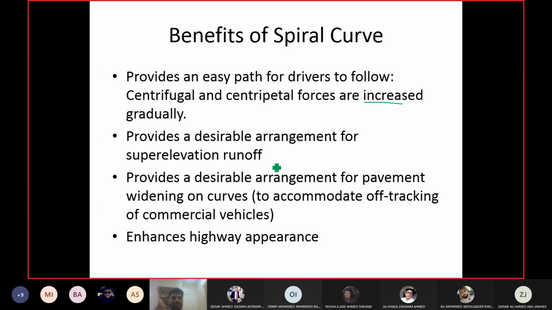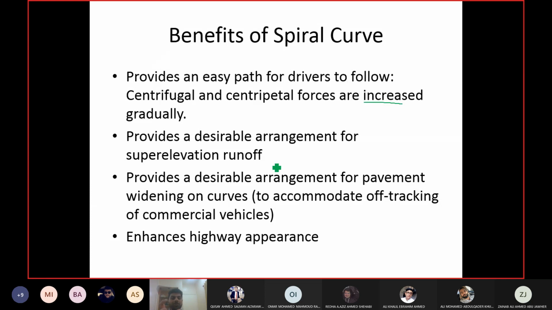When the driver enters a circular curve, the full super elevation should already be there. But as I told you earlier, it does not happen if you are not providing the spiral curve. If you are not providing the spiral curve, then 2/3 of it happens on the tangent and 1/3 at least will happen on the curve, or at least 20% will happen on the curve, which is not ideal.